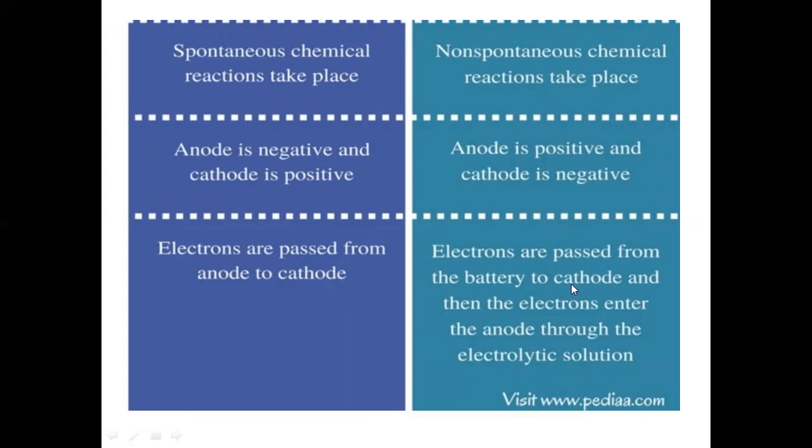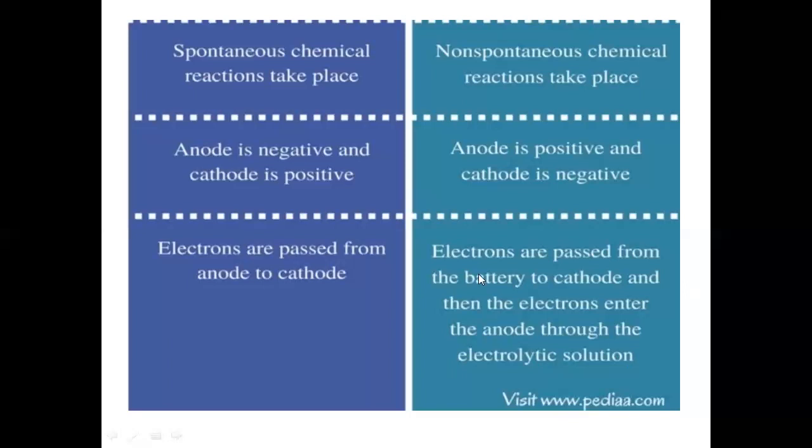While in case of the electrolytic cell, as a source of electricity is also connected in the external circuit, what will happen? The electrons are first passed from the battery to cathode, and then the chemical reaction will take place, and then the electrons enter the anode through the electrolytic solution.